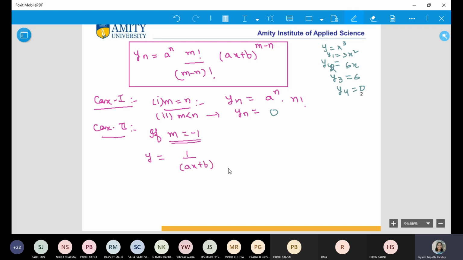In that situation, yn is, just think, from the first answer that we have got, -1, -2, ... -n, a to the power n divided by ax plus b to the power n plus 1.